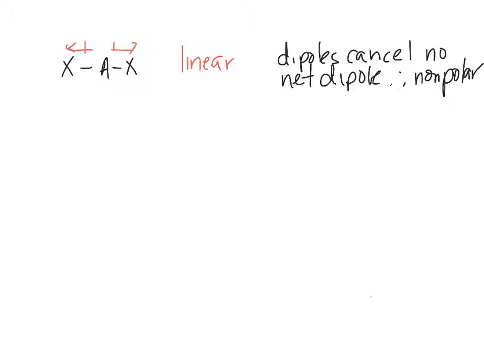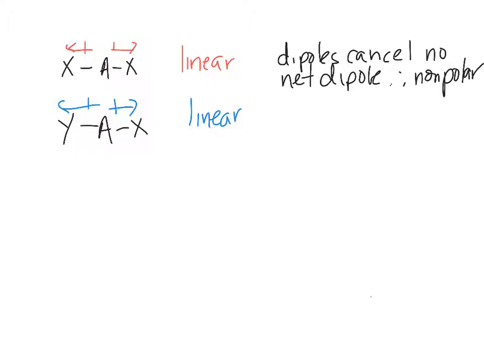All right. What if we have this? What shape is this? Linear. So now we've got X and Y as our atoms. They don't have the same electronegativity. So what do you think? Are the dipoles going to cancel?